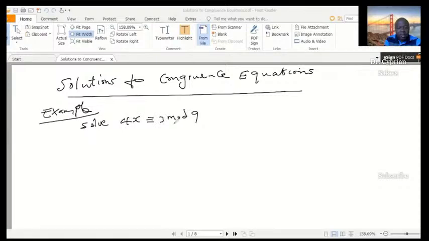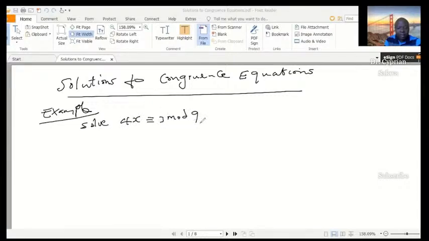And recall that this 3 is the remainder when the value here is divided by 9. So we want a number which, when multiplied by 4, the answer that we get, if we divide it by 9, the remainder will be 3.